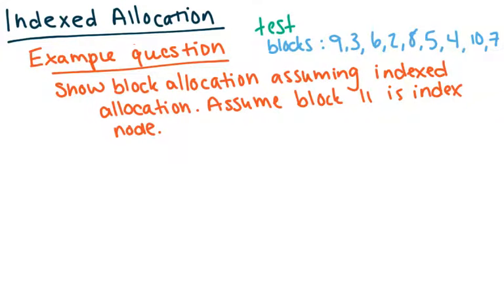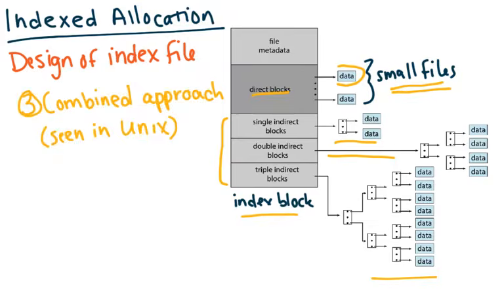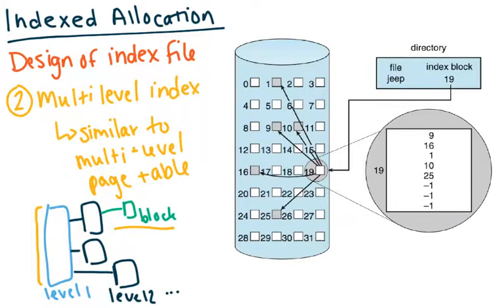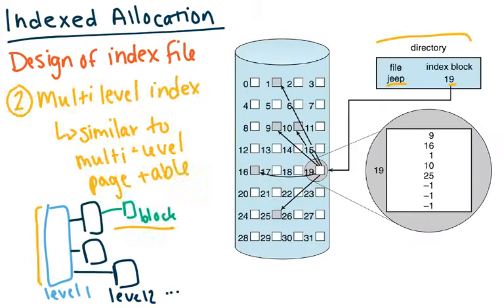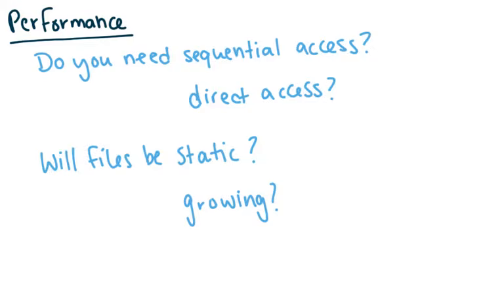We want to assume that block 11 is the index node, and our file test here is stored in these blocks in this order. What we show for this one is going to be like this. We have our directory, we have our file, and we show where the index block is. Then we also want to show in the index block what the order is.